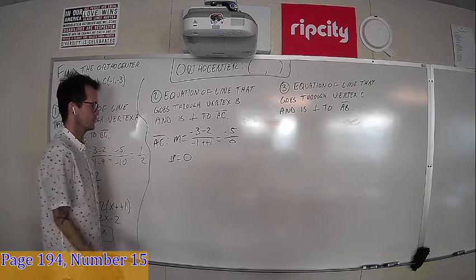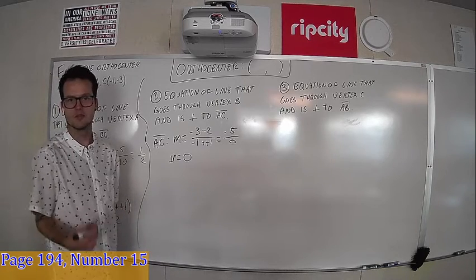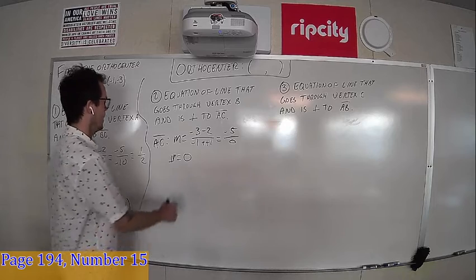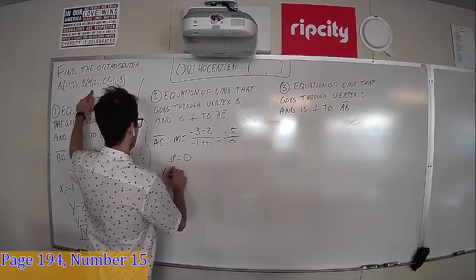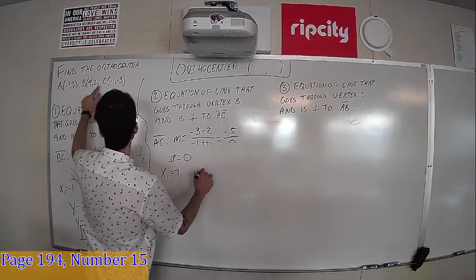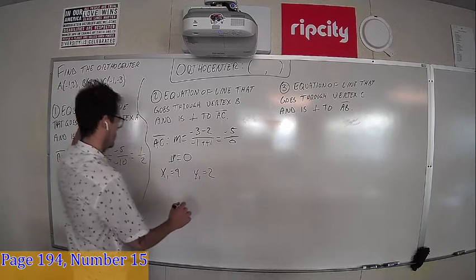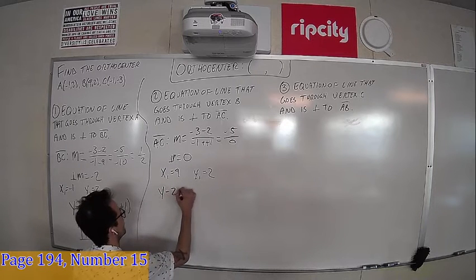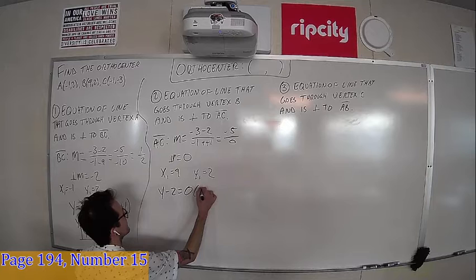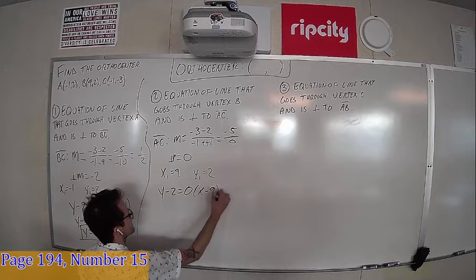Sweet, that's actually going to be kind of nice. It'll be easier to work with when we have a slope of 0. And this has to go through vertex B, which is 9, 2. So our x sub 1 is 9, our y sub 1 is 2. Let's plug it into point slope form. Y minus y1 equals the slope times x minus x1.